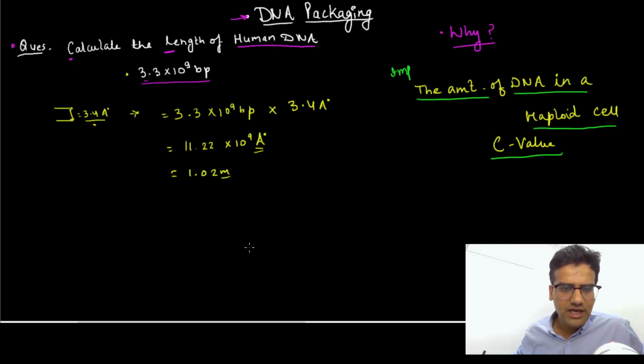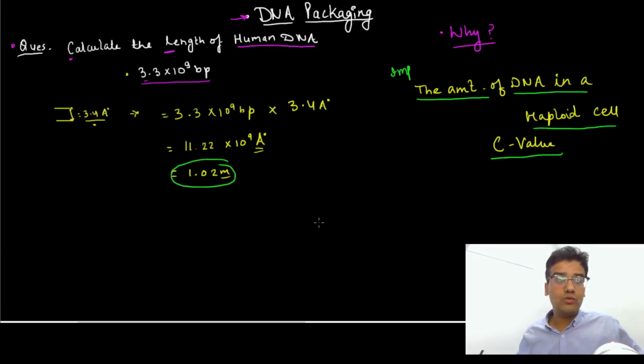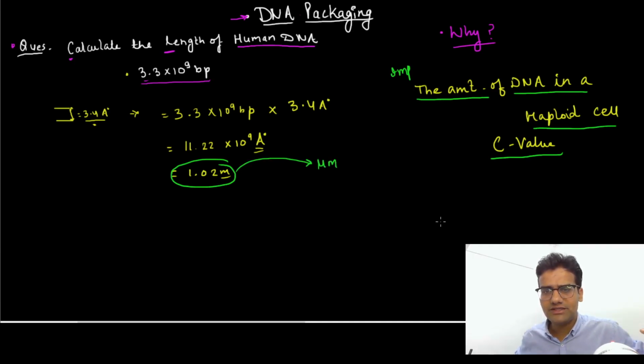So the length of the DNA in a haploid cell comes out to be 1.02 meter, and it is the DNA content of only a single cell. A human body consists of trillions of cells, so the total length of DNA would be very large. We have about a meter of DNA, and we are going to fit this DNA inside a cell of micrometer size.